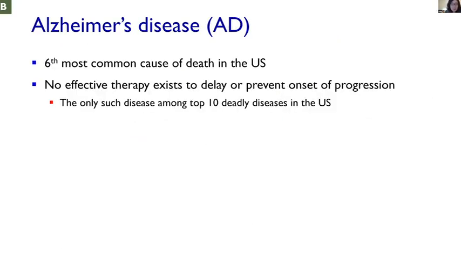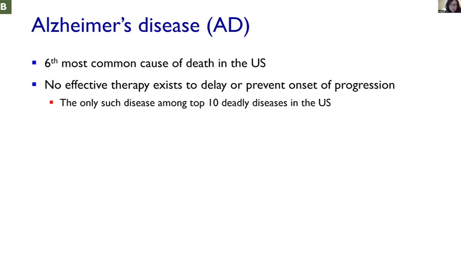Speaking of specific causes of mortality, our lab performed several projects in the space of understanding Alzheimer's disease. It is one of the top 10 deadly diseases that has no cure or long-term effective treatment to reverse or slow down its progression.